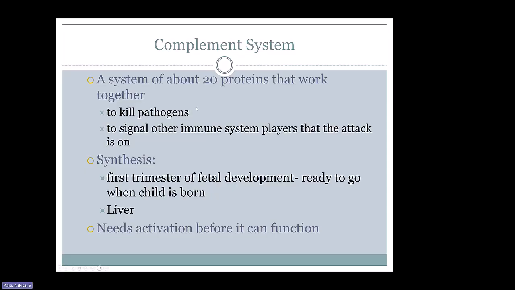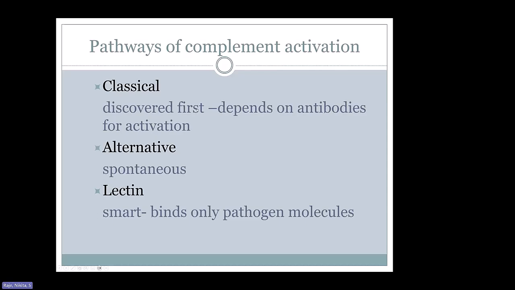So there are 3 pathways of complement activation: classical, alternative, and lectin pathway. The classical pathway was so called because it was discovered first. It is dependent on the antibodies for activation. The alternative pathway is actually the more innate form of the complement system, where there is no antibody involvement and it is spontaneous.